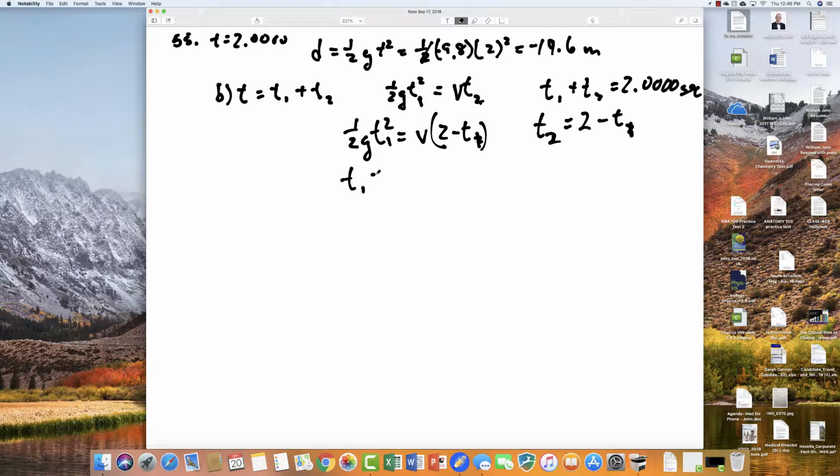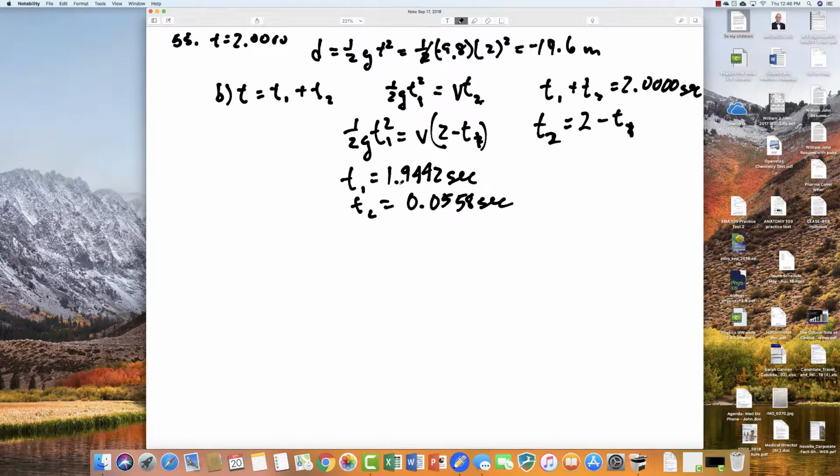If you do that, T1 is 1 point, and this is just math to do this, it's 1.944 seconds, and T2 is equal to 0.0558 seconds. And so those are the two times.